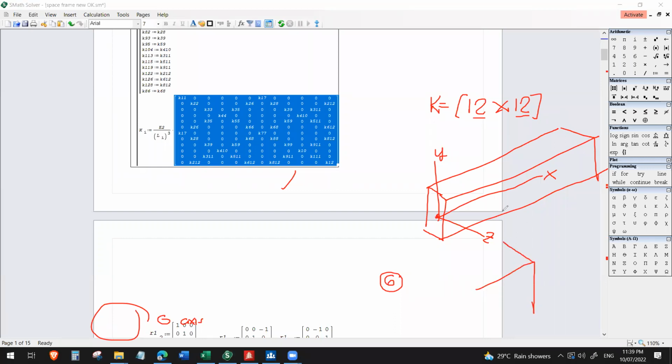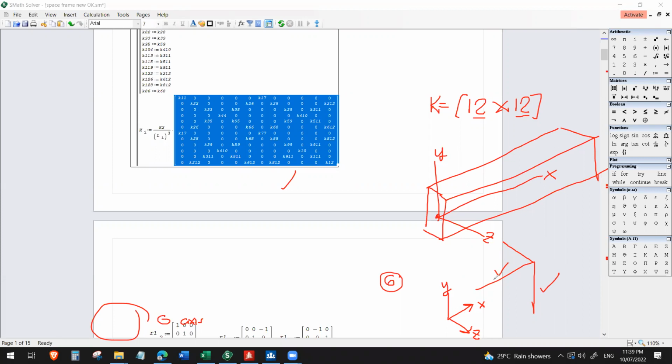We will have a vertical member, and a horizontal member along the x-axis. If we draw the global axis of STAAD, something like this, we have x, we have y, and a z here.